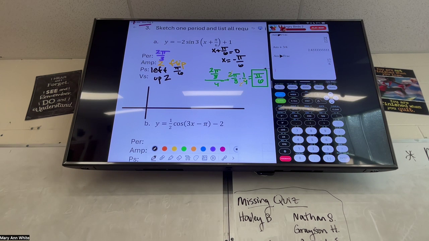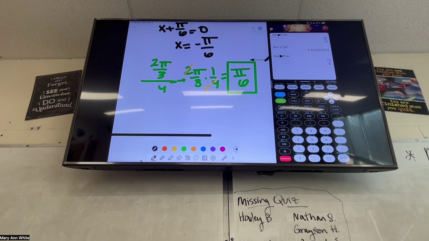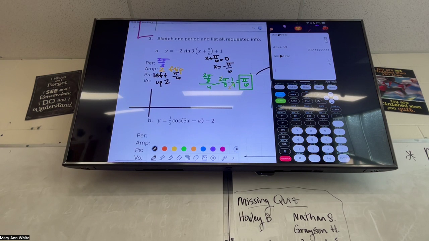Yeah, but for the shift, why would the shift... The shift just happens to be the same thing, like these just happen to be the same numbers. They're not always going to be the same numbers. The shift is always setting that parentheses equal to 0, and the distance between ticks is doing your period divided by 4, and today they just happen to coincide. It's just going to make an easier graph for all of us in a second.